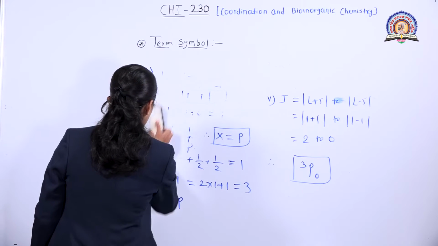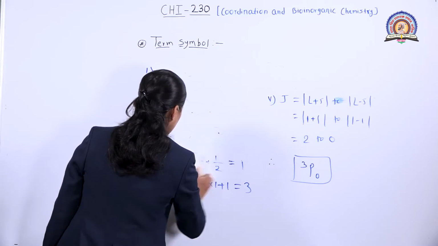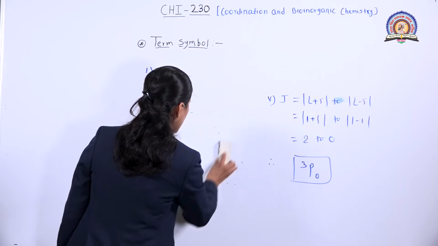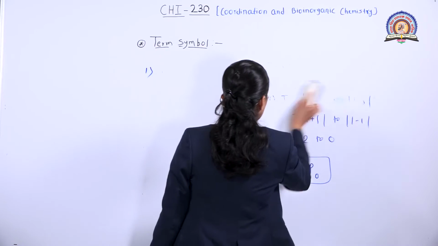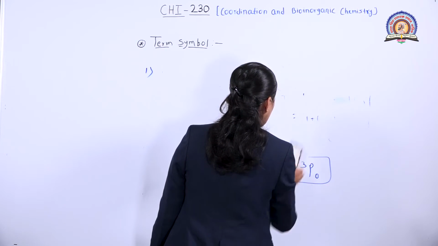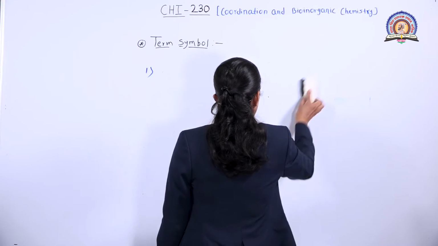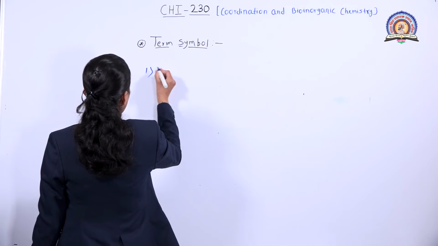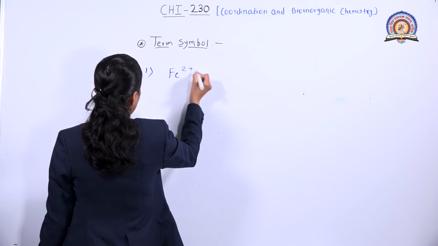Now I am taking here a cation, and from that cation, we have to calculate its GS term. Now see, suppose we have Fe2+.